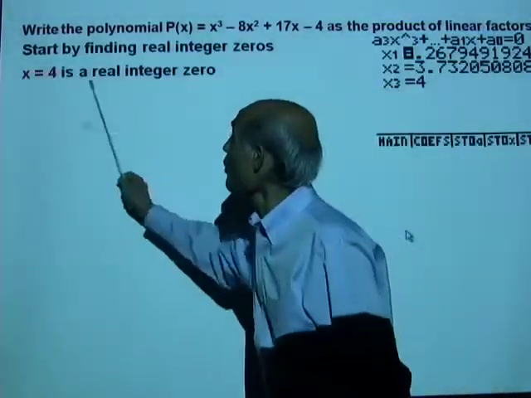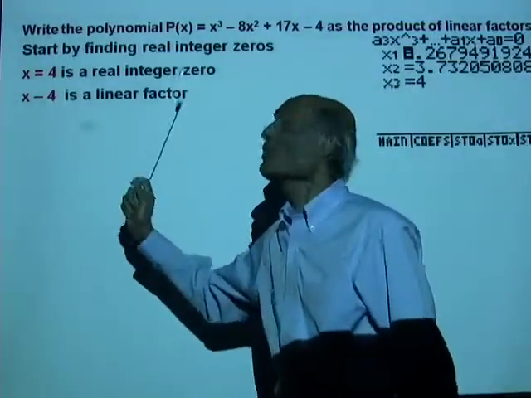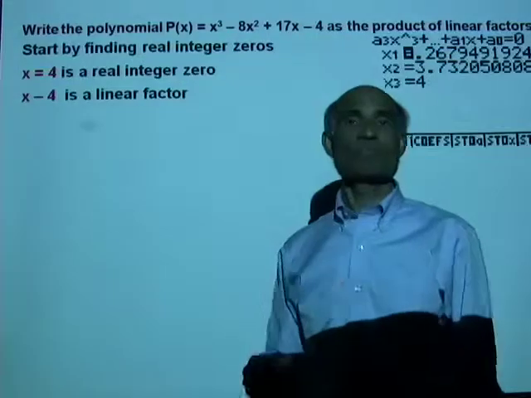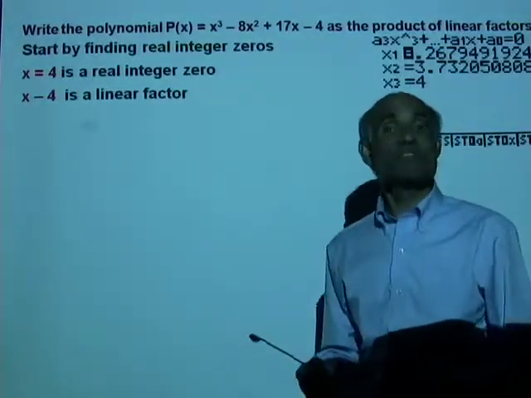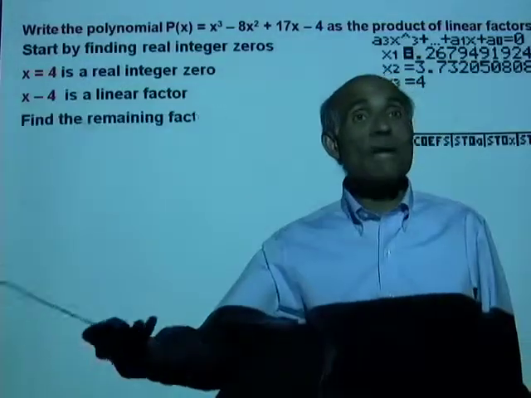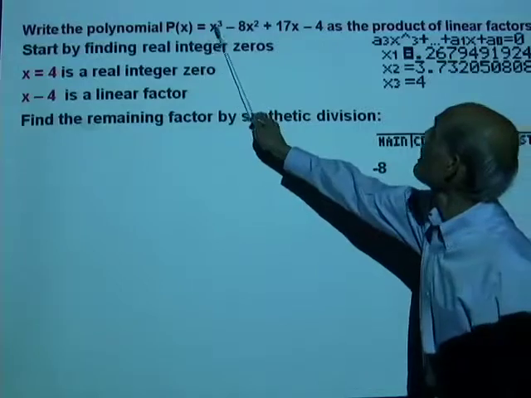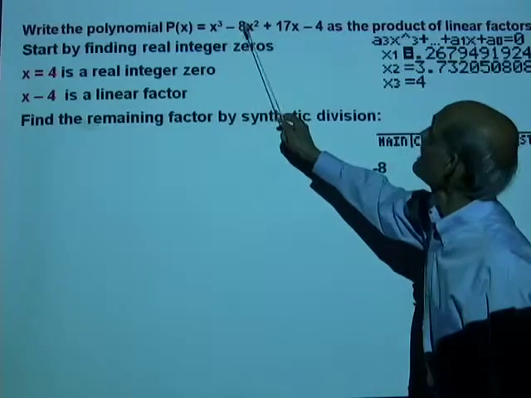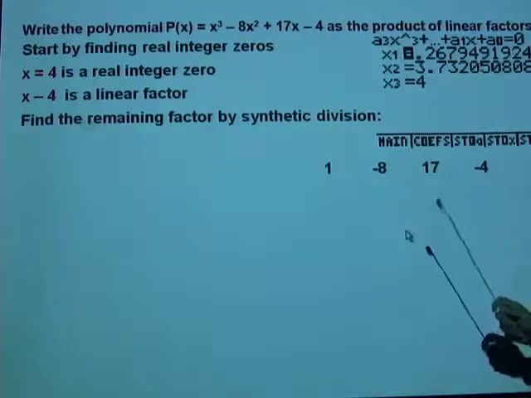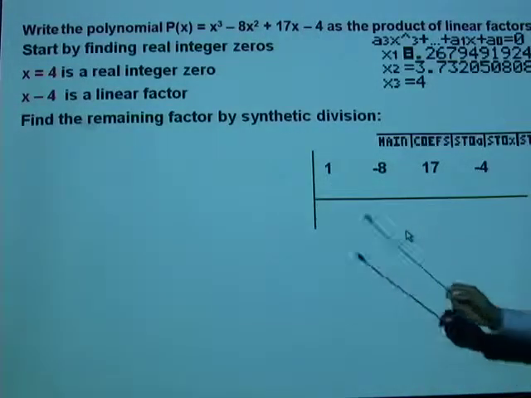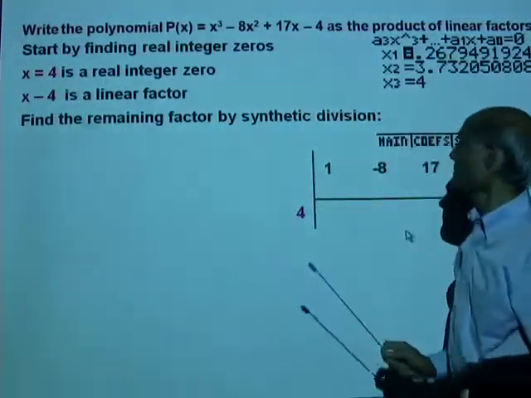So x equal to 4 is a real integer 0, means x minus 4 is a linear factor. Once you have the integer factor, we can do a synthetic division and find the remaining factor. Alright, let's do that. Pick the coefficients a3, a2, a1, a0, these numbers, and we divide by the 0, which is x equal to 4.